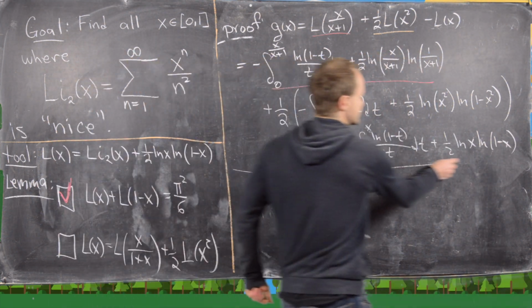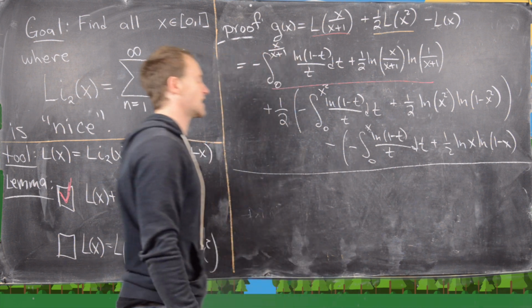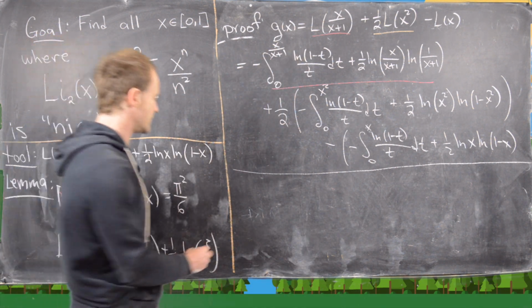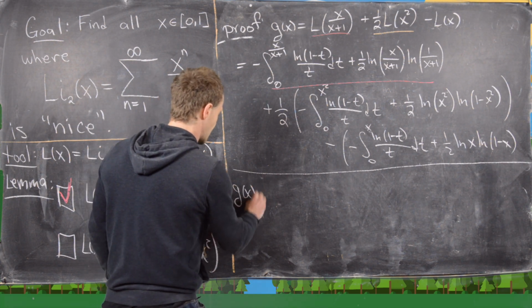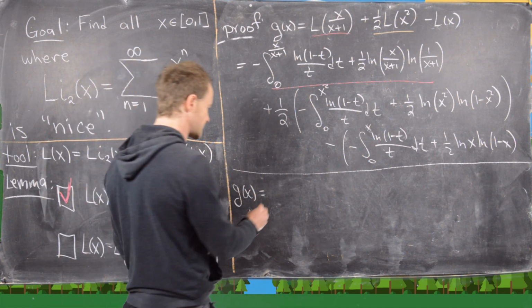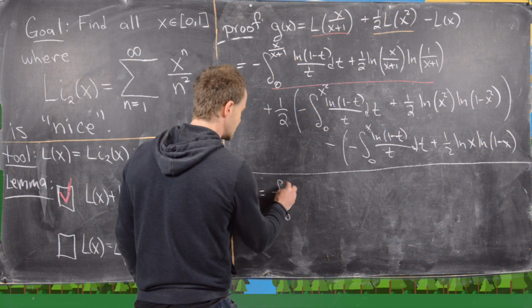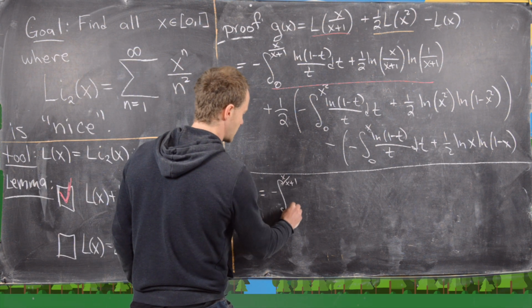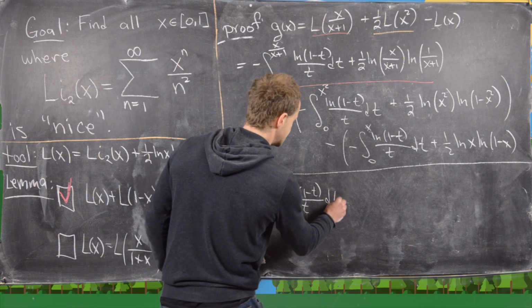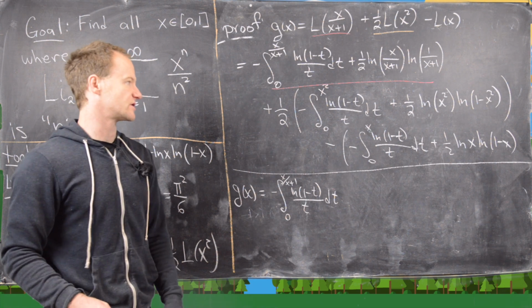So now what we can do is simplify this using logarithm rules and stuff like that. So let's see what we get. This gives us g of x equals, so let's maybe put all the integral type terms first. So this is going to be the integral from 0 to x over x plus 1 of natural log of 1 minus t over t dt. So that's this first integral type term.